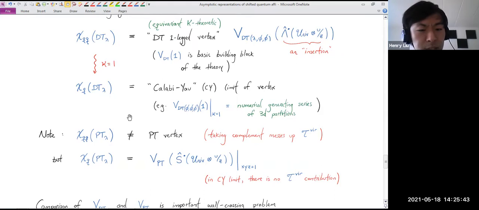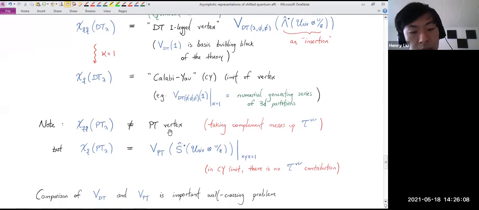I should maybe stress at this point that this kind of discrepancy is actually not expected in an ideal setup. Here it really arises because this PT module is in some sense not exactly the right module to look at. And maybe I'll say a few words about that later.